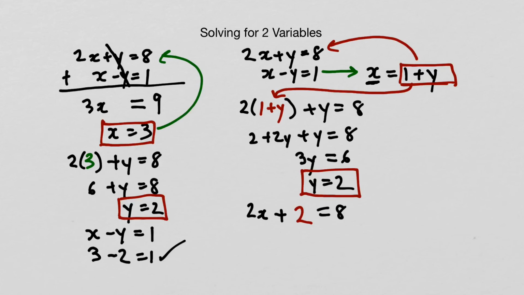If we solve for x, 2x is equal to 6 because we subtract 2 from both sides. Now we divide both sides by 2, and we get x is equal to 3. So that's our x.